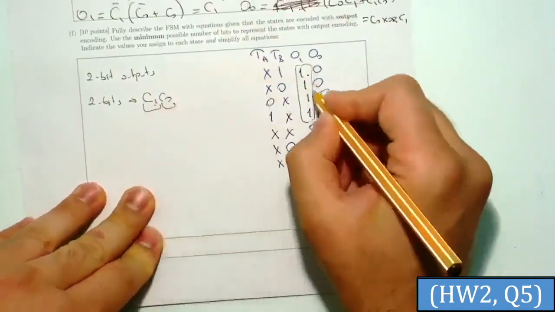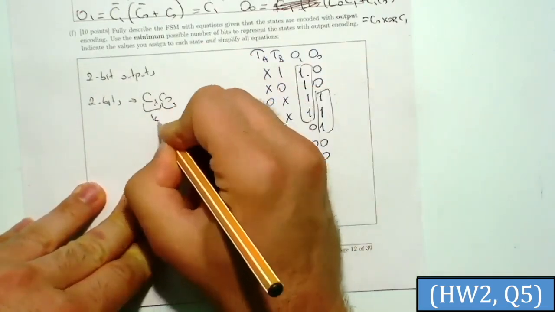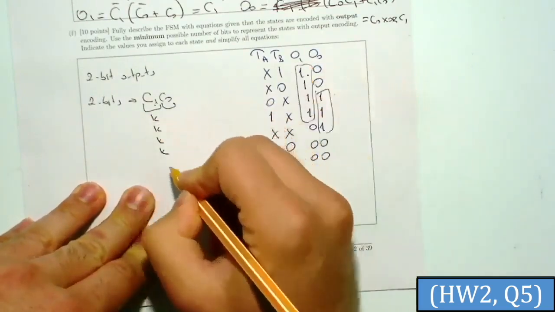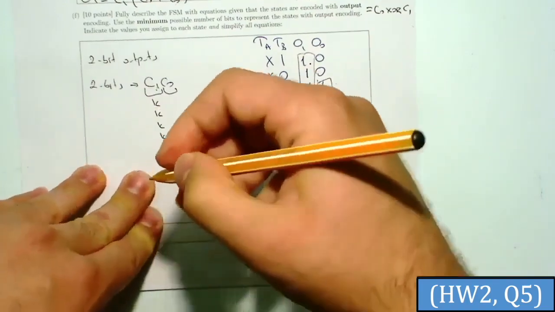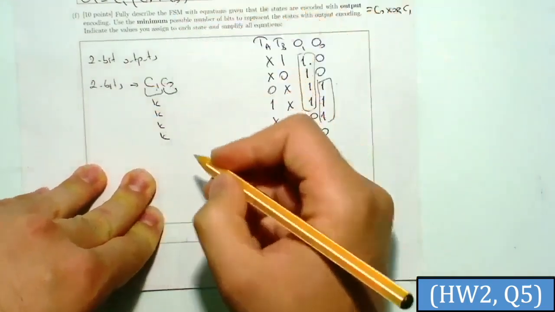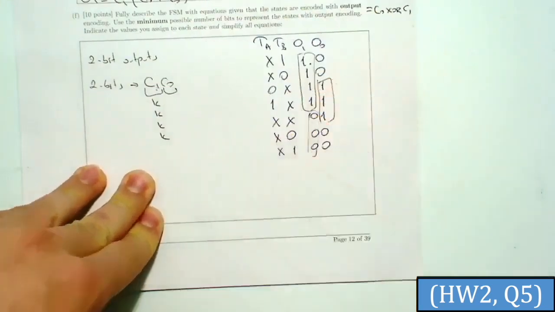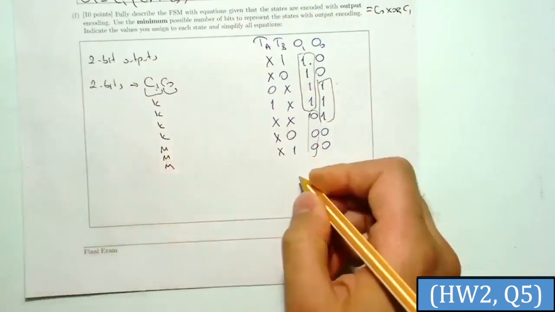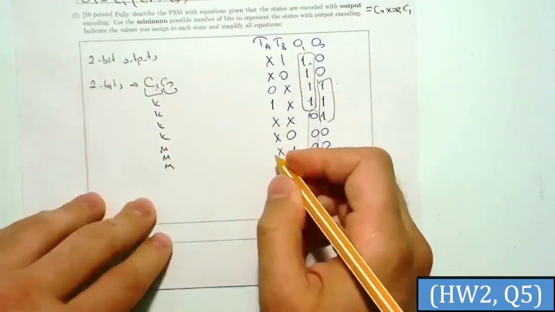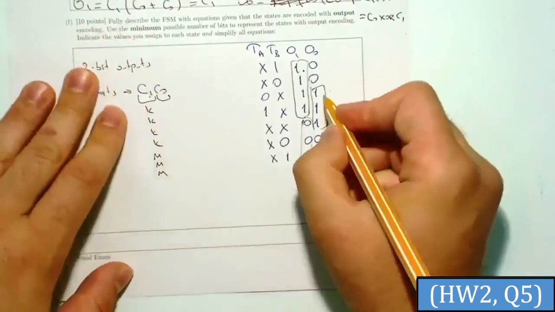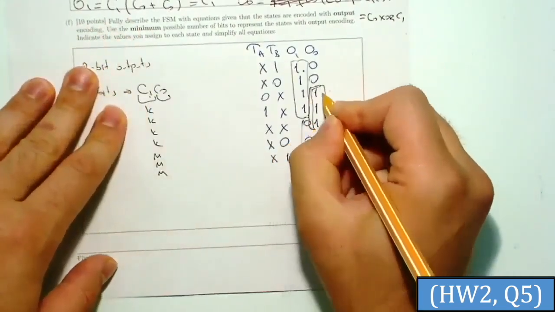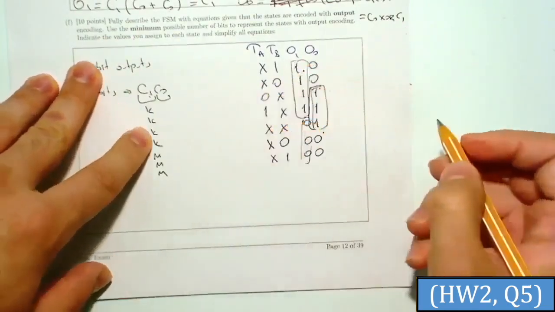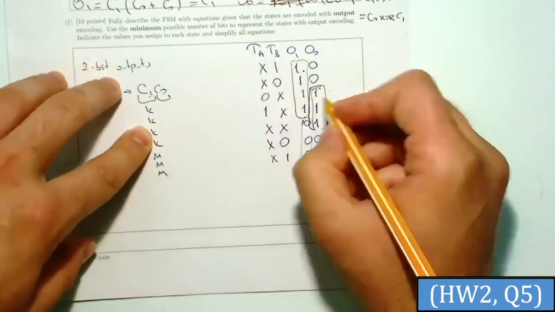For C1, what I want is to have the same bit when O1 is 1, for the first 4 rows. Then I don't want the same bit, which is K, for the remaining rows when O1 is 0. So I will have M's here. I'm not writing 1 or 0, but K and M's. For C0, I want to make sure that these 3 rows are determined by a single, unique bit.